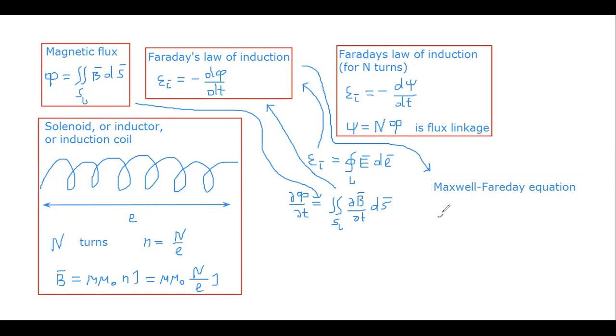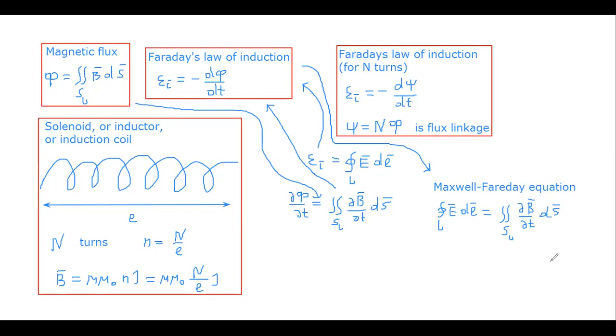According to this, the linear integral of E dl is equal to minus the surface integral of the first derivative of magnetic induction by time, with integration by ds.